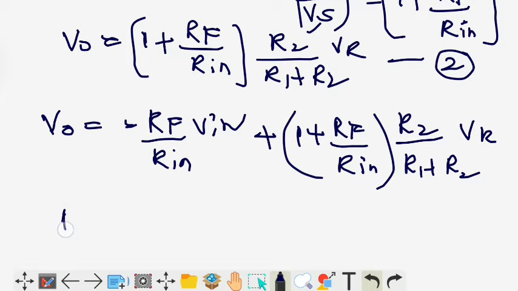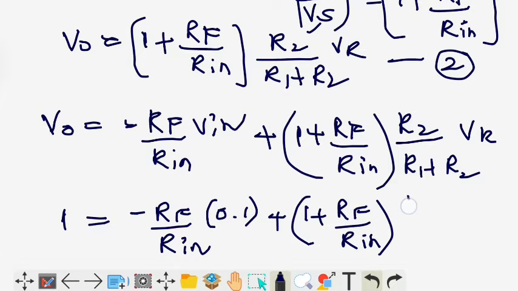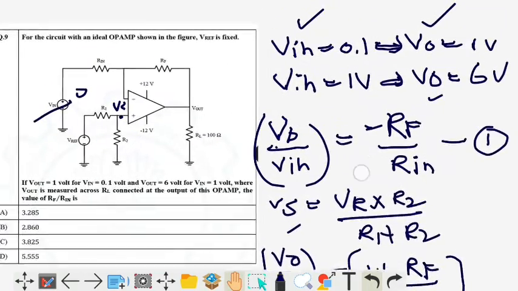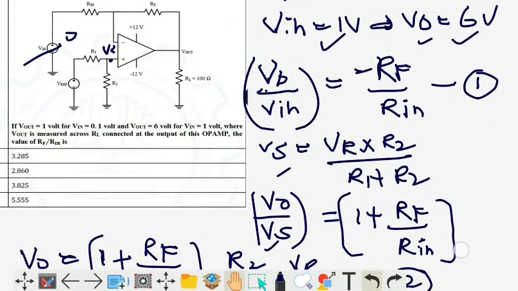So Vout is equal to 1 for minus Rf by Rin when Vin is equal to 0.1, plus 1 plus Rf by Rin into R2 by R1 plus R2 into Vr. Then substitute the second information: if Vin is 1 volt, then Vout is 6 volts.